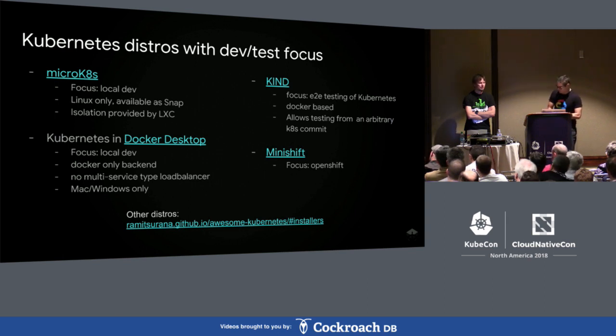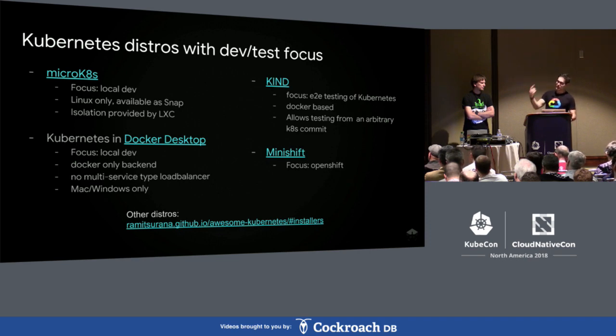Kind is a recent project in the SIG Cluster Lifecycle group. It stands for Kubernetes in Docker. Its focus is end-to-end testing of Kubernetes itself. It's Docker-based, so it solves spinning up a cluster given one requirement, one dependency, and that's the Docker daemon.